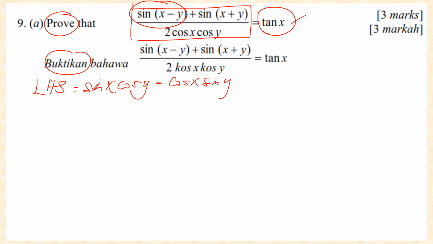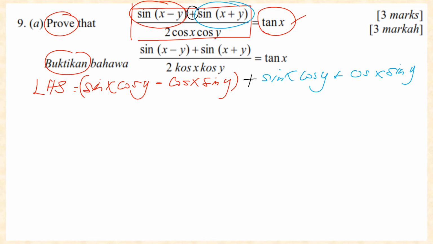This is the first phrase. Then the second one is plus. So I put this one in black color, the plus. Then I use the blue color. This is the second one. So plus sine x cos y plus cos x sine y.